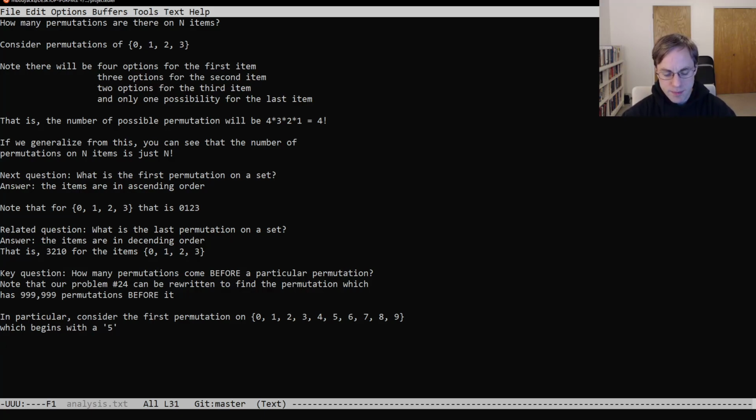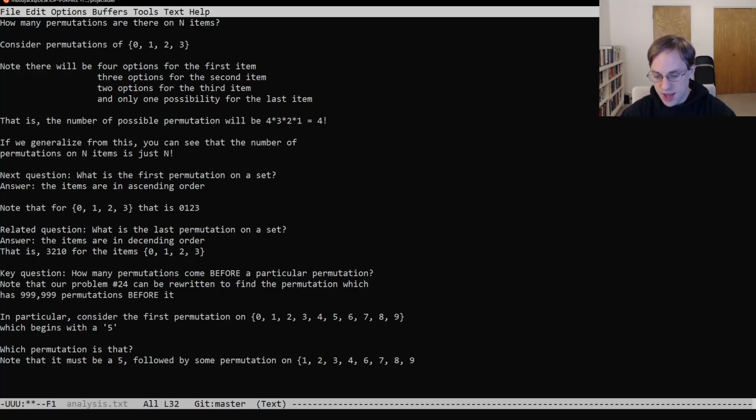Okay, so first of all, which permutation is that? That is, what is the first permutation that begins with a 5? Note that it must be a 5 followed by some permutation on 0, 1, 2, 3, 4, 6, 7, 8, 9.